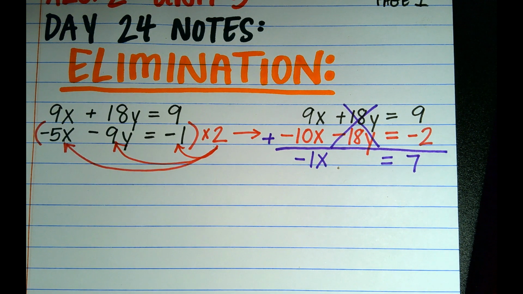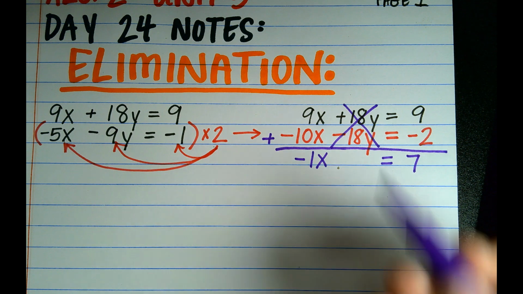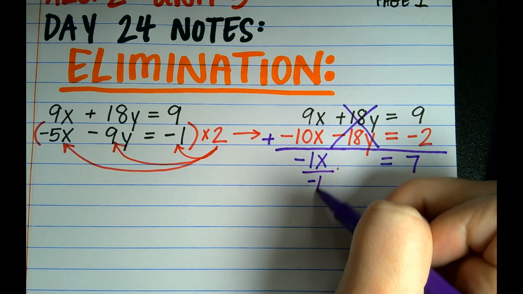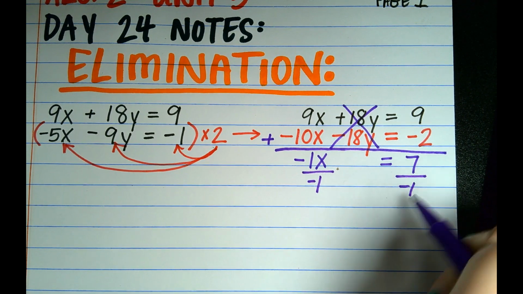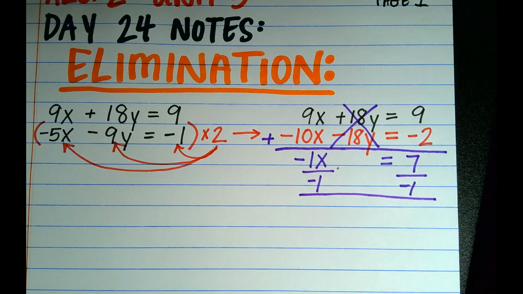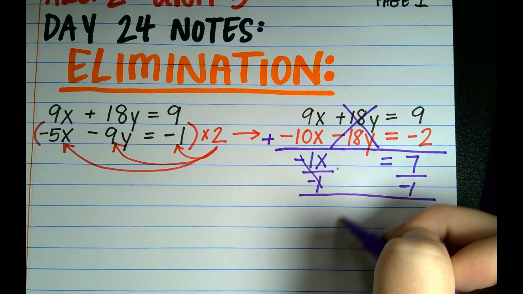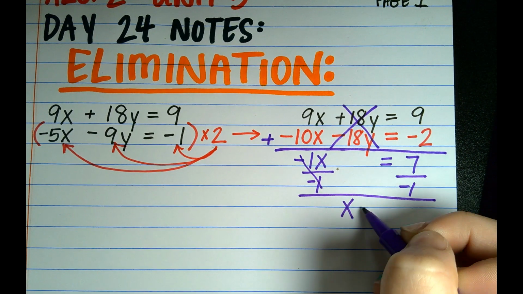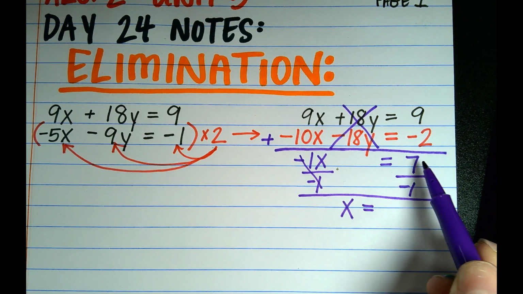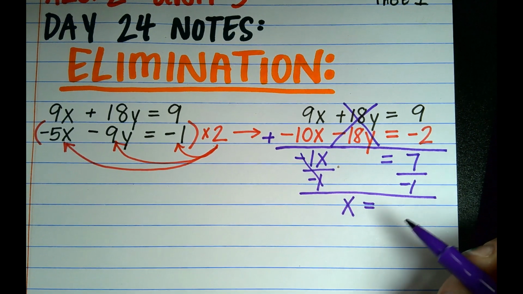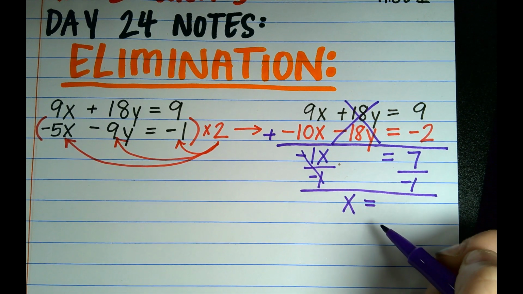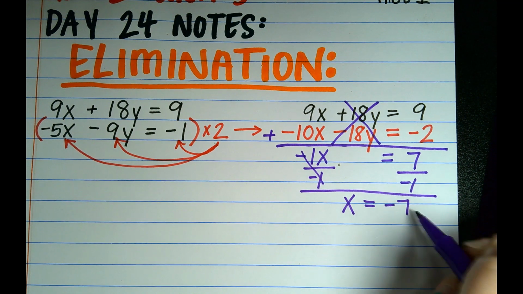How do I solve for x? Divide by negative 1. Okay, those cancel, and now I've got a positive x. I bring down my equal sign. 7 divided by negative 1, what will that give me? Negative 7.